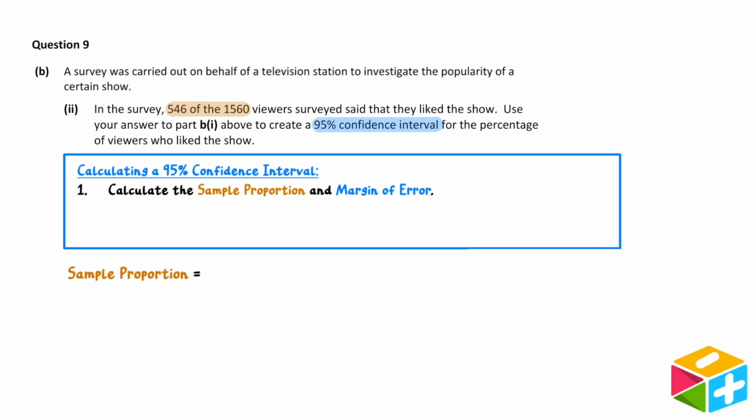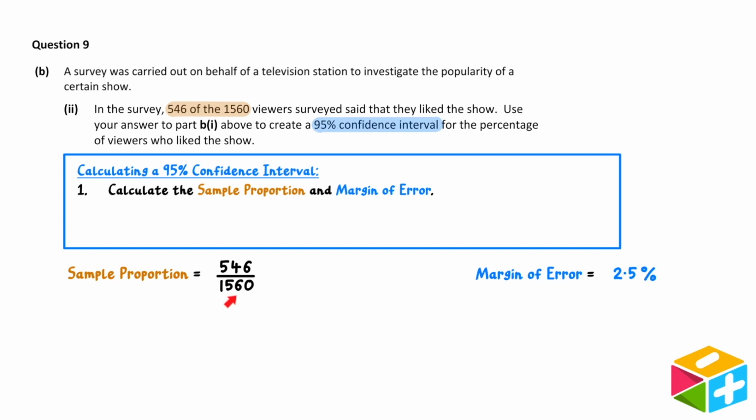To find our sample proportion, we just need to write this as a fraction: 546 over 1,560. In the first part of the question, we found that the margin of error was 2.5%.